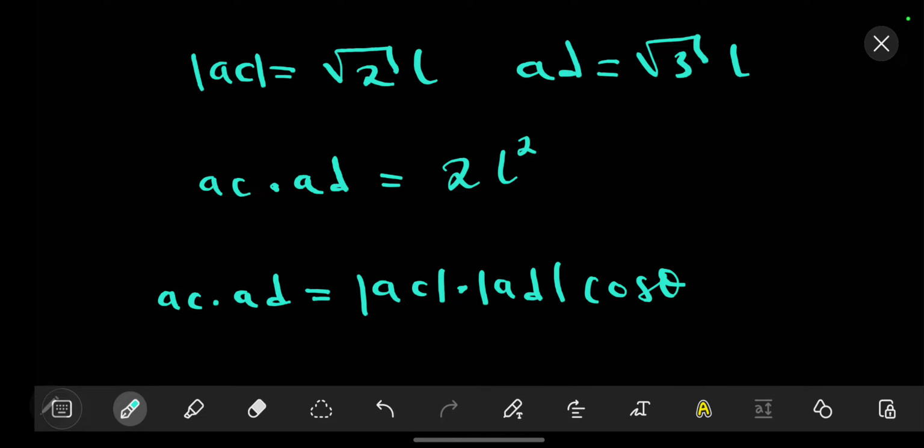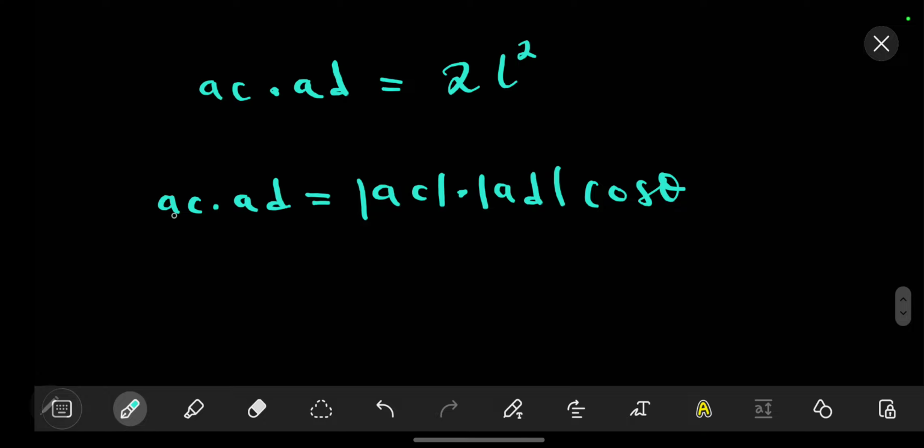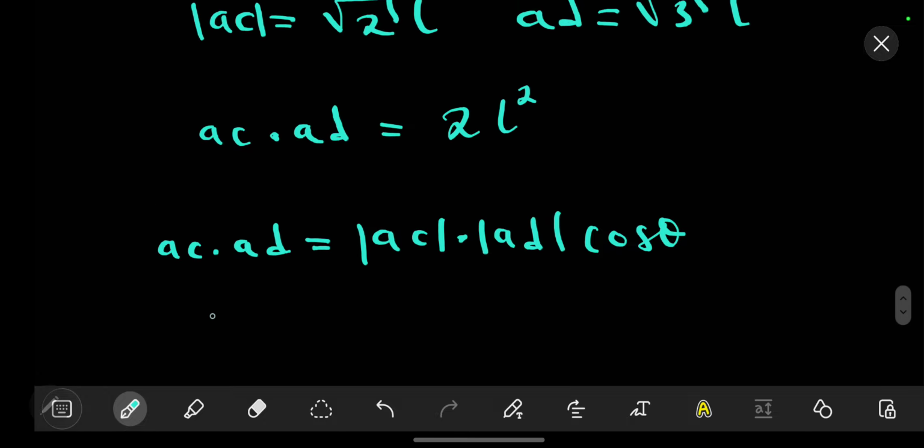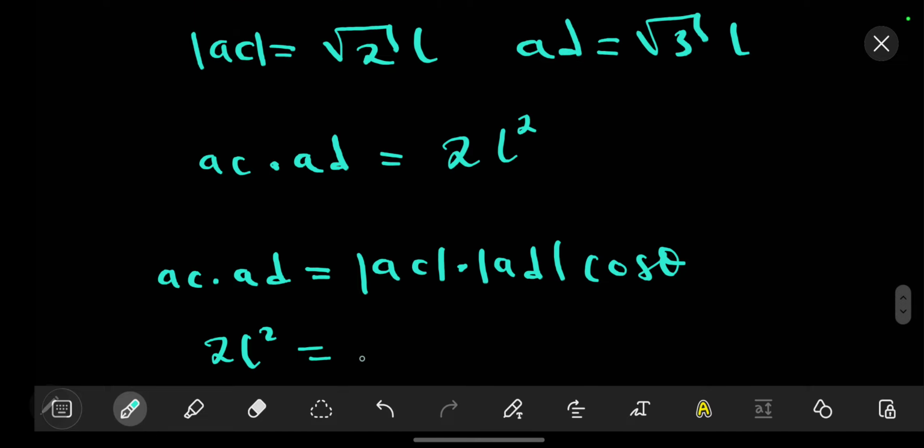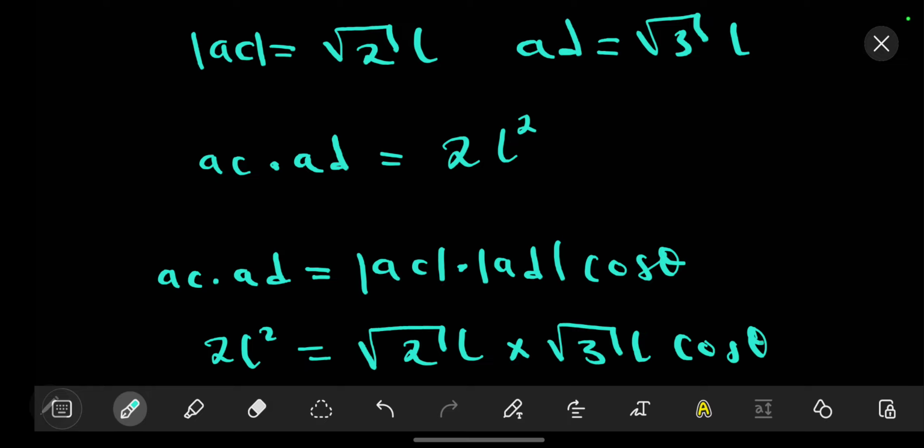All we are interested in is finding the angle. So now we know that the dot product is equal to 2L squared, which is this one. So where there is AC dot AD, we put this should be equal to, what is our AC? Our AC, we are going to have the square root of 2 L, like that, times our AD, which is giving us the square root of 3 L. Then we have the cosine of theta.